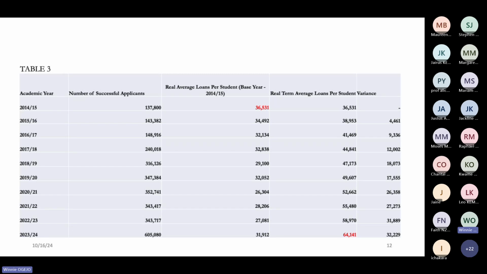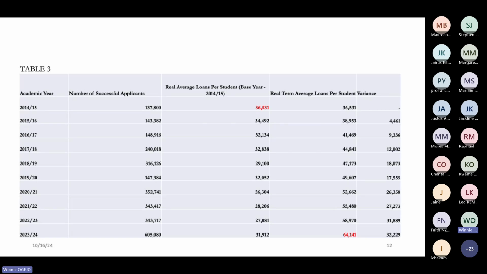But in 2023-2024, in real terms, HELP is awarding 912 shillings. So in real terms, what we are saying is that the real value of the average loan awarded to students is actually falling.